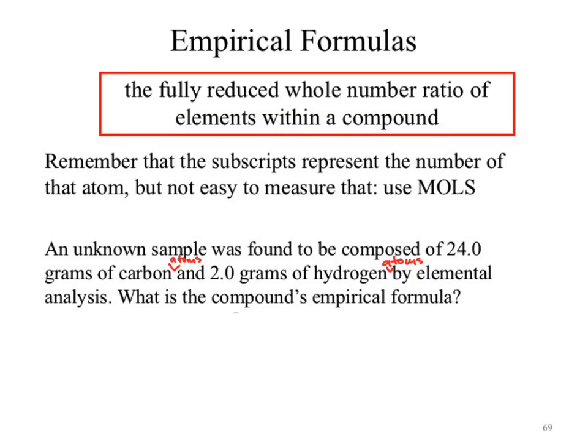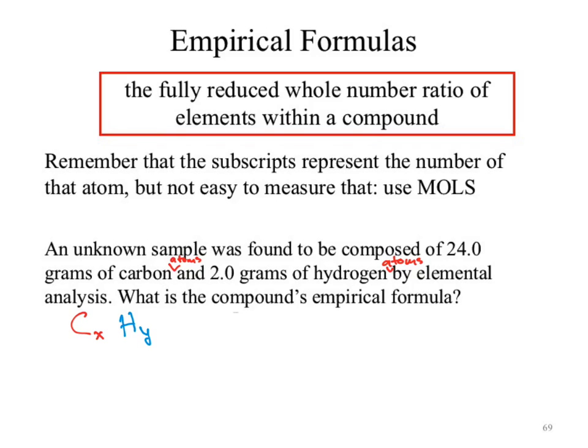What are the elements in our empirical formula? Carbon and hydrogen. So what we're being asked for is what is X and what is Y. The units on those can be either moles or atoms. It's up to you to decide which one you want to work with. I would argue moles is easier to work with, but that is your choice.